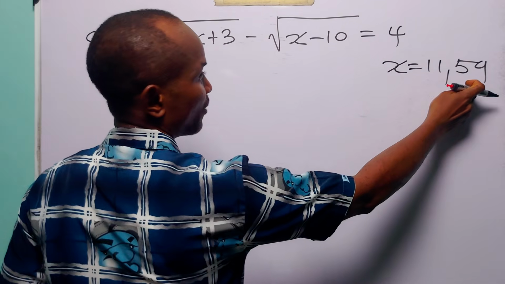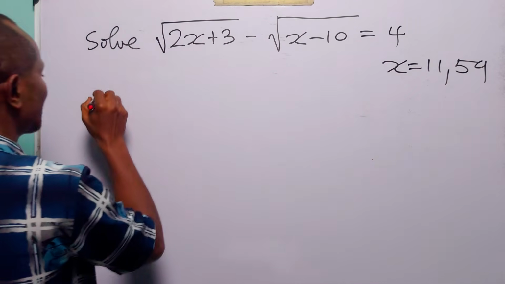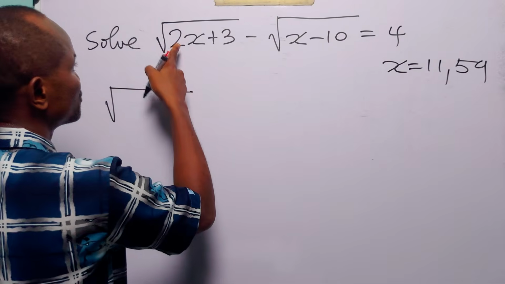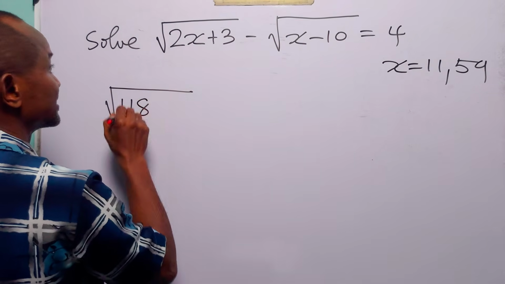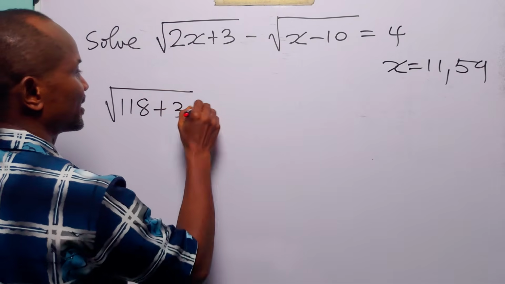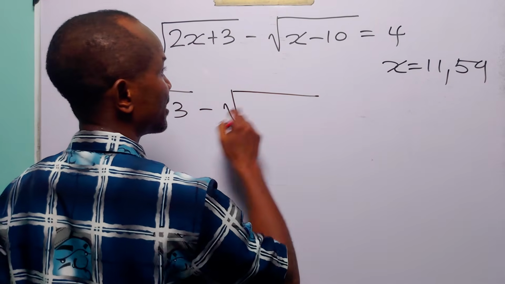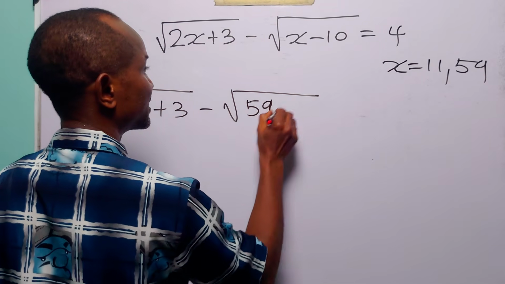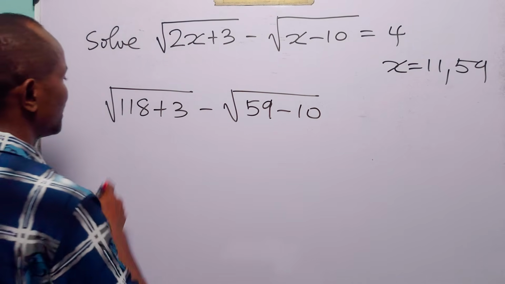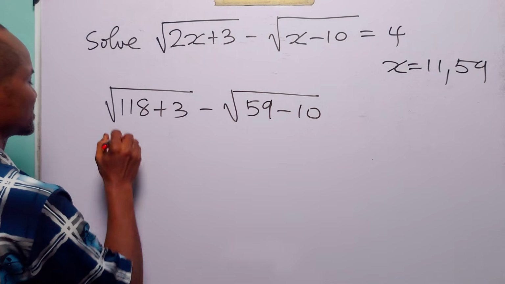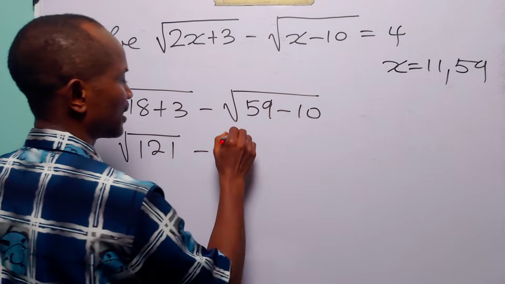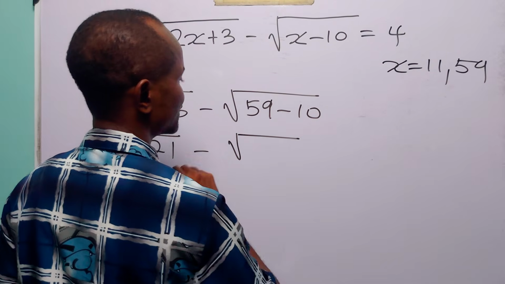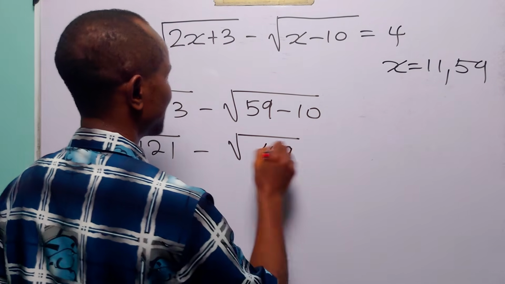And when x is equal to 59, we have the square root of 2 times 59, which is 118, plus 3 minus the square root of 59 minus 10. Now, 118 plus 3 is 121, and 59 minus 10 is 49.